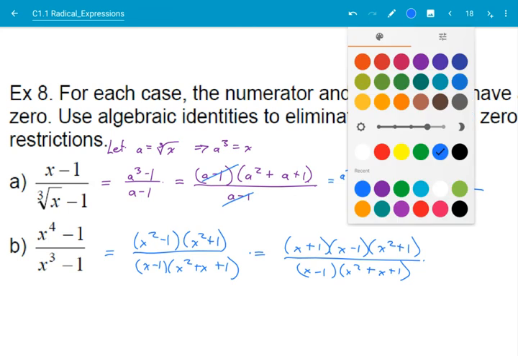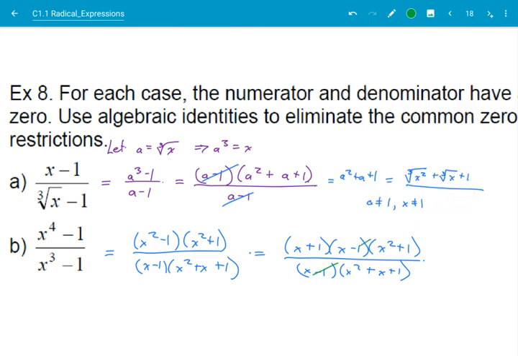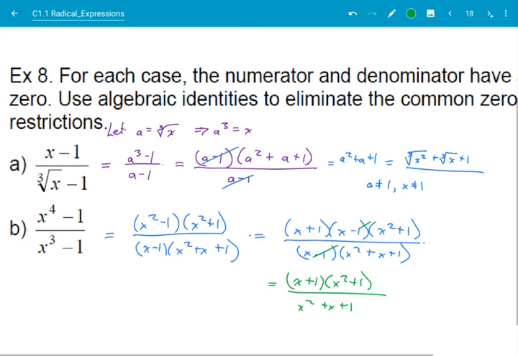The x minus 1s cancel, leaving x plus 1, x squared plus 1, over x squared plus x plus 1. And of course, x cannot be 1. Well, that's the end.